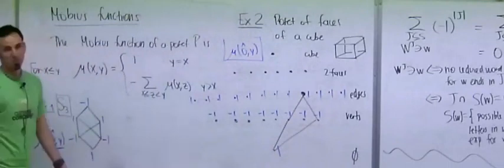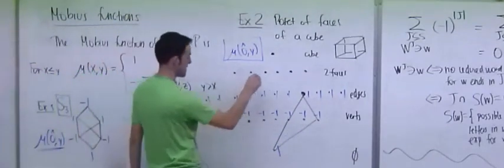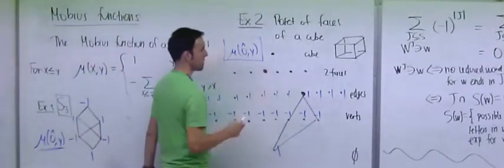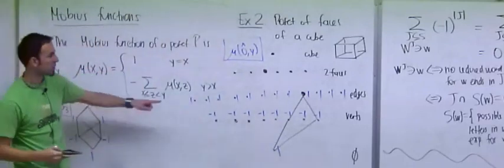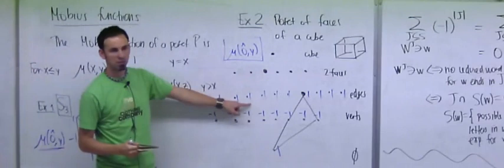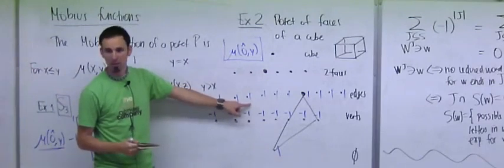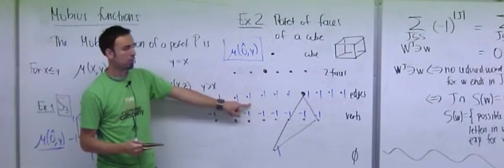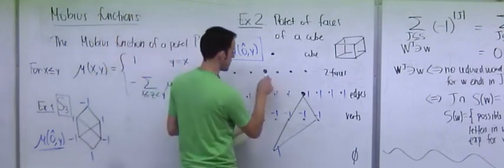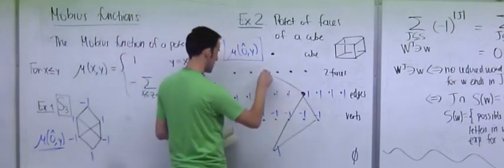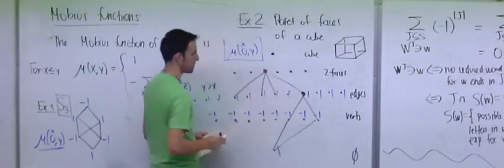What about a two-dimensional face? This one. Well, again, I don't know which face it is, so I can't tell you exactly which edges it contains, but I know how many it contains, right? Each face is a square, and so it contains exactly 4. So I don't know which ones, but let's say it's this one, this one, this one, and this one. Okay?